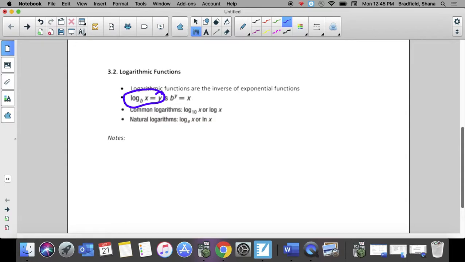We also have the common log, which is log base 10. Normally we don't see the 10 there, however. And then the natural log is log base e, but it can also be written as ln. And so you can go back and forth between the two.